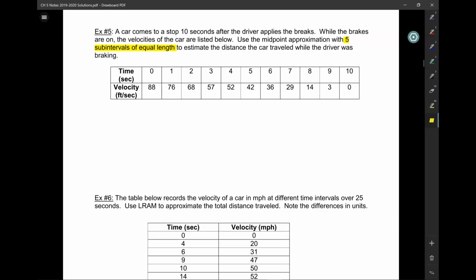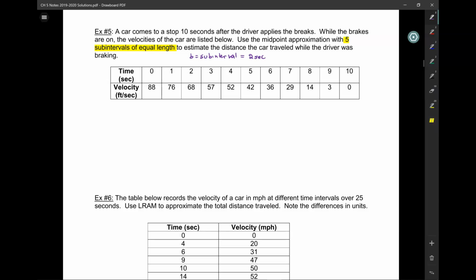Okay? So, if it takes 10 seconds and we want 5 subintervals, how much is each subinterval? The base is the subinterval, and it's 2 seconds, right? 10 into 5, it's 2 seconds.